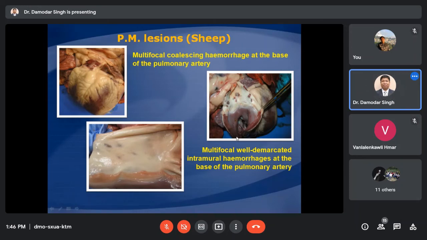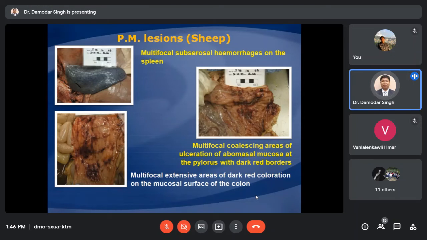Such multiple well-demarcated intramural hemorrhagic lesions may also be found inside the pulmonary artery. Then sometimes subserosal multifocal hemorrhagic lesions may also be found on the spleen. Then sometimes the abomasal mucosa at the pylorus end, with dark red borders, may also show multifocal ulcerative lesions as I'm showing here.